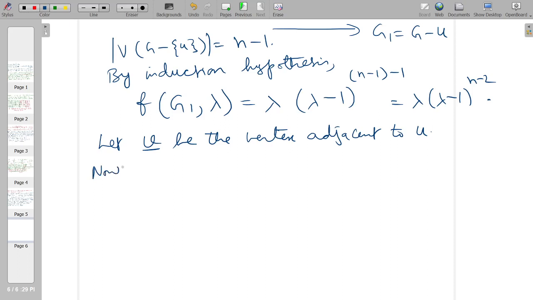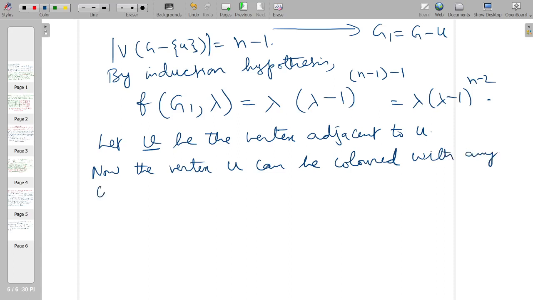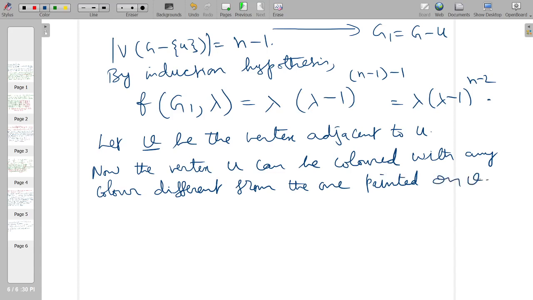And now the vertex u can be colored with any color different from the one painted on v, because you should have a proper coloring. u and v are adjacent, so I should have a different color other than the one that has been painted on v.